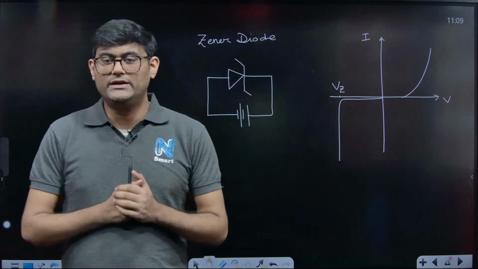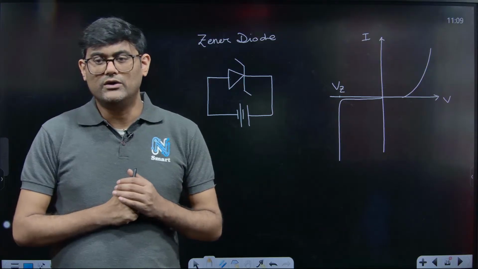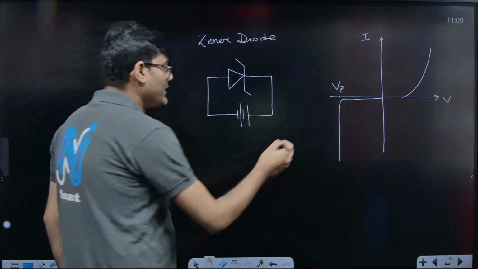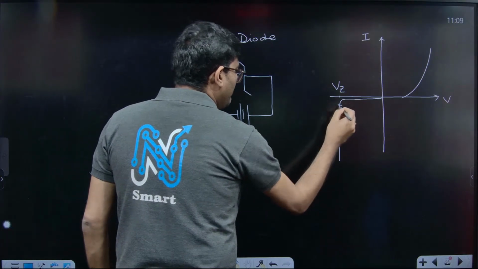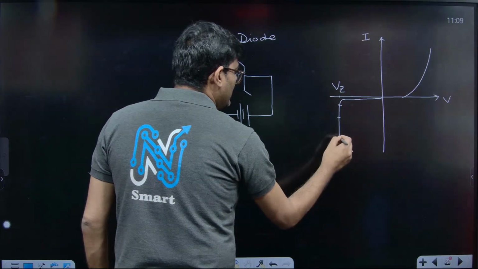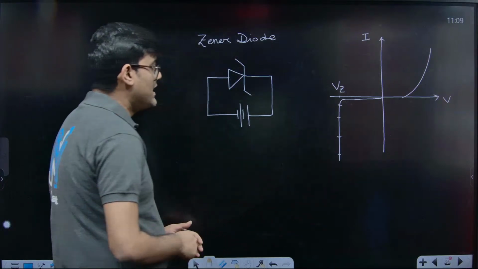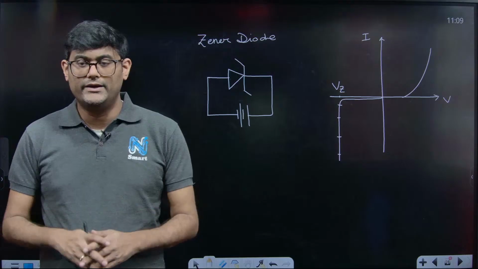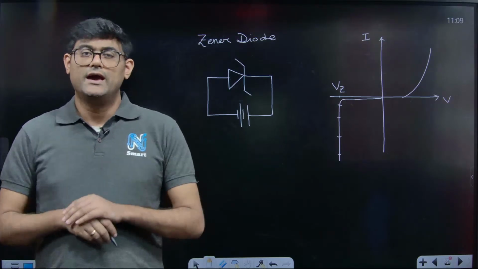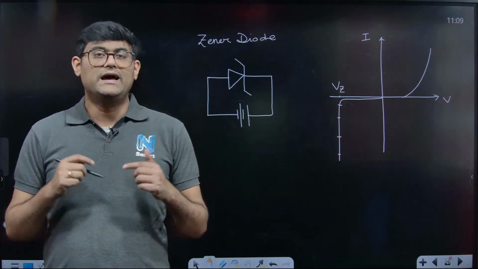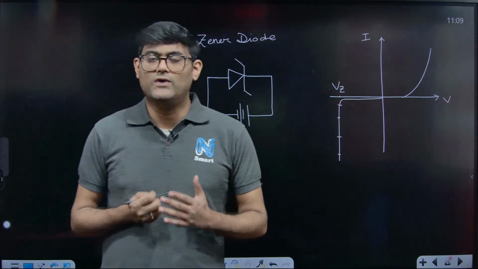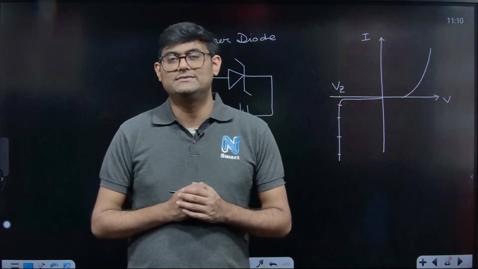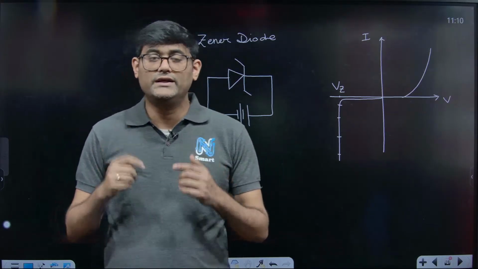At this particular voltage, if you notice, this Zener diode can accommodate any current. For example, if the current is 1 milliampere or 1 ampere or 10 ampere or even 100 ampere, every time this Zener diode can accommodate the current without changing the voltage across it. That is the beauty of Zener diode, and that is why we use Zener diode to protect the electrical devices in our circuit as a voltage stabilizer.